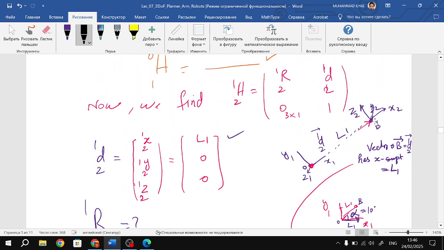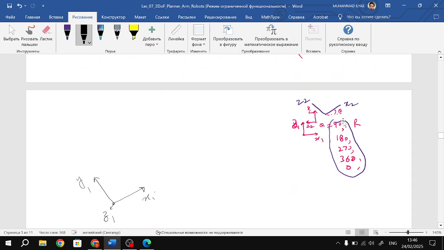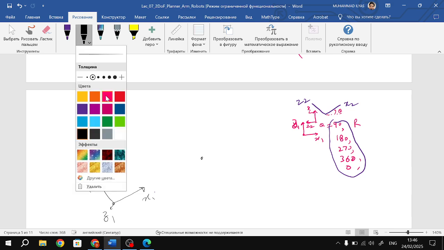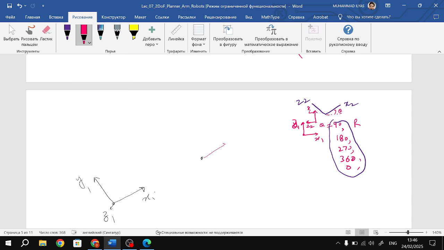And what is your second frame? x2 is in this direction, z2 is in this direction, and y2 is into the page. This is your situation, right? This is your frame like this, and this distance is L1.